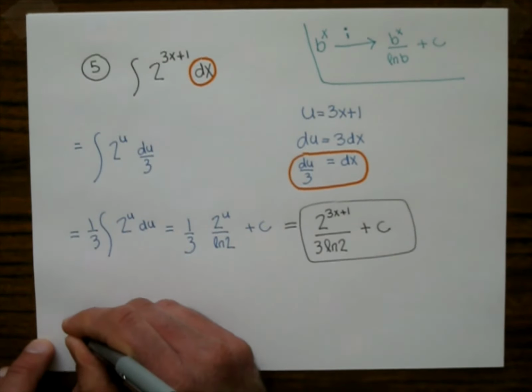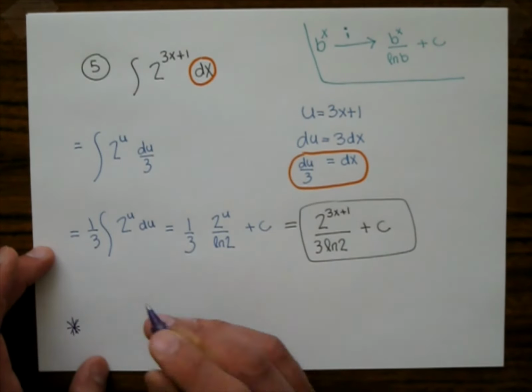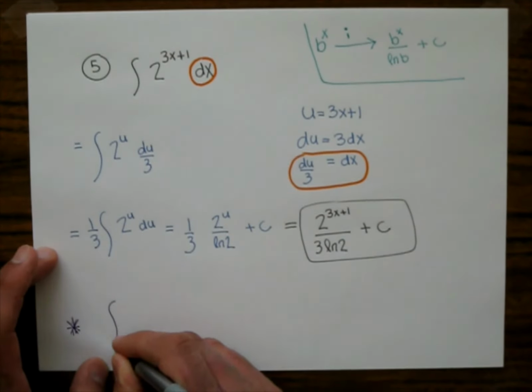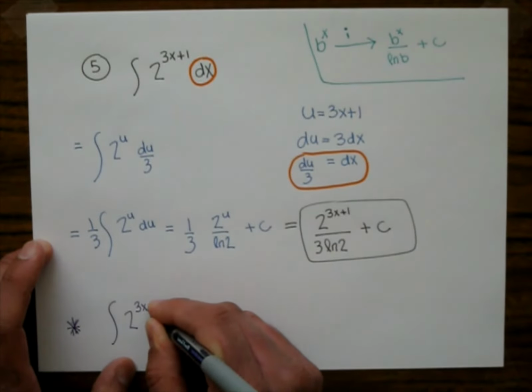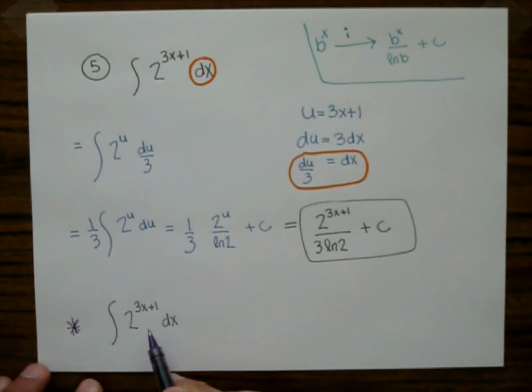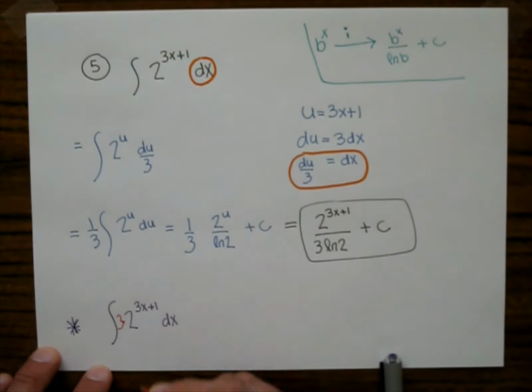Once again, I'm going to show you the eyeball method, and some of you, really not big fans of the eyeball method, so move ahead on this video. The eyeball method says I kind of eyeball what I would make my u, and I would make my u equal to 3x plus 1. So what is the derivative of 3x plus 1? It is 3.